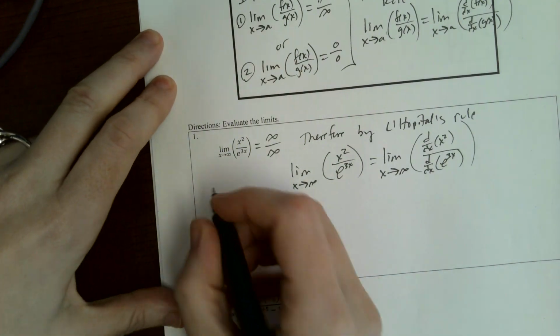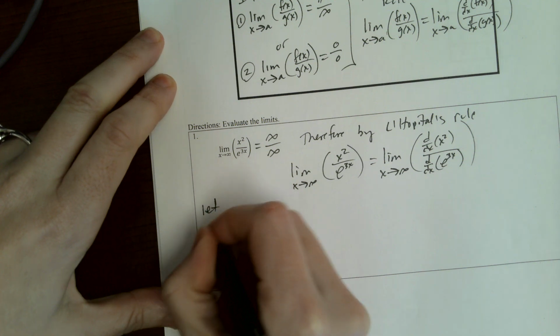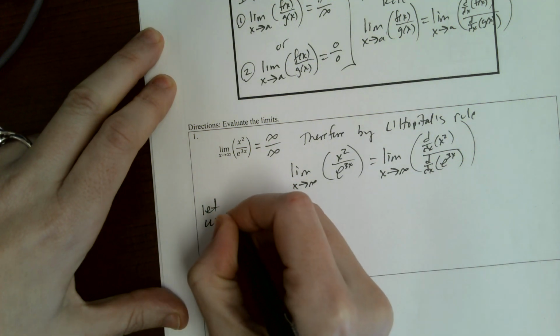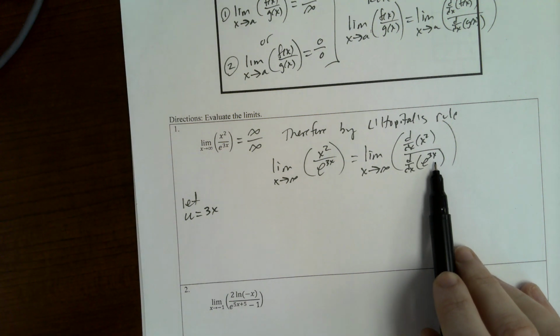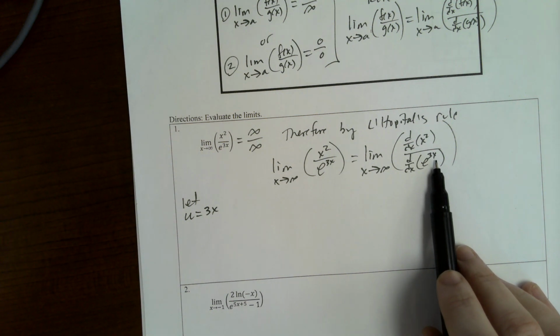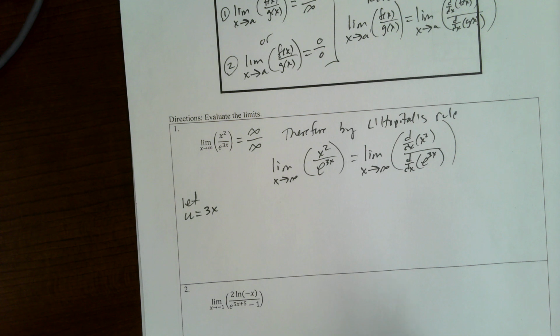So off to the side, I'm going to say let u equal 3x, and then I'm going to be able to do a u substitution to get a one-step derivative for the outside.